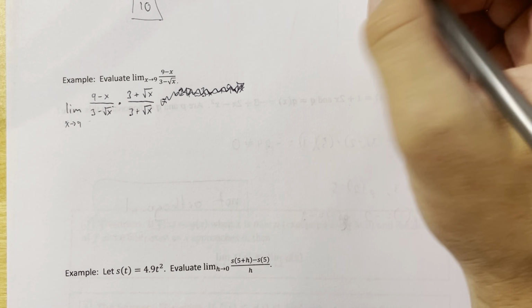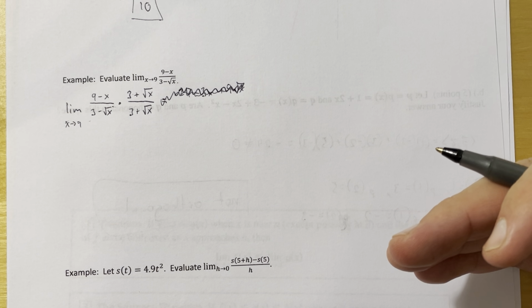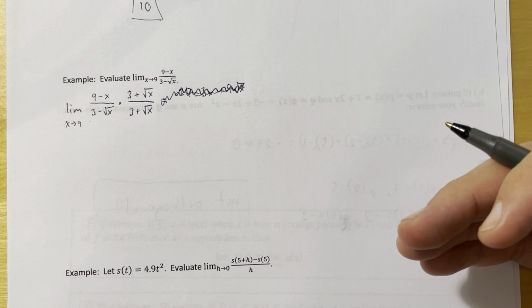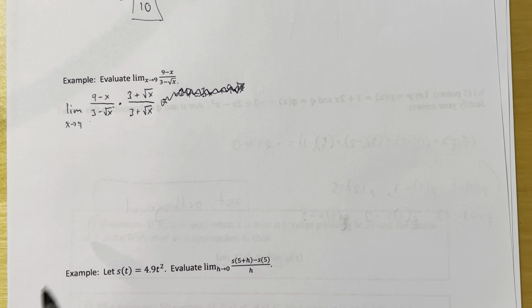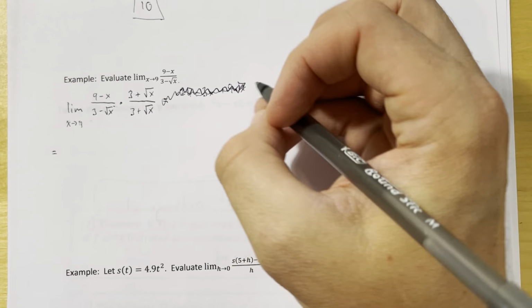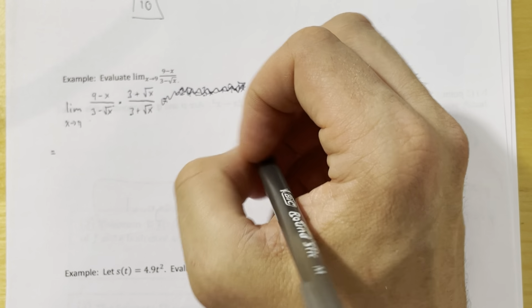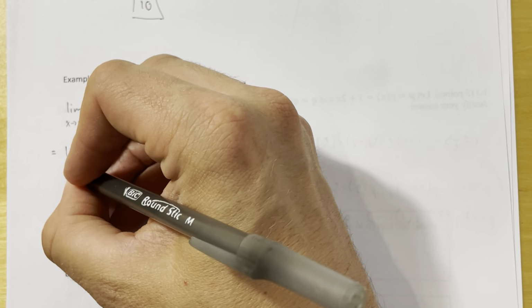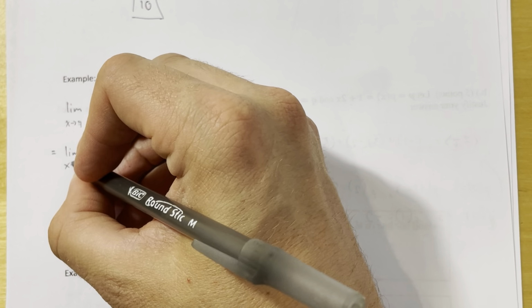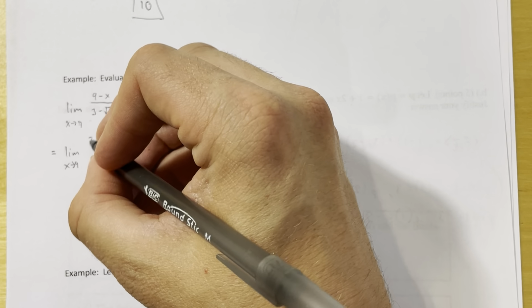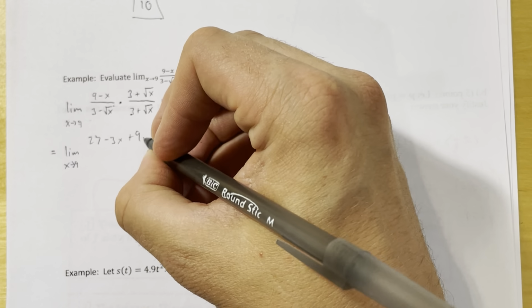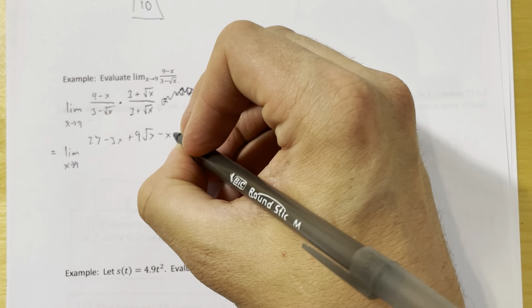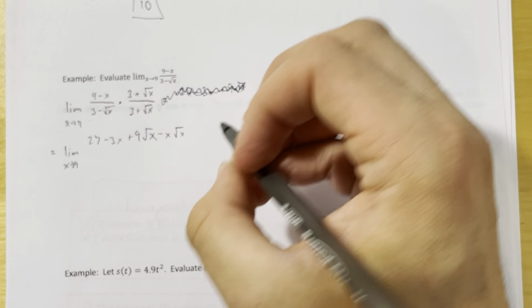When you're doing these long limit problems, it's very easy to forget to write that limit every step of the way. So I'm going to redo that step because I had already forgotten that. Limit as x approaches 9 of 27 minus 3x plus 9 root x minus x root x. That's what my numerator would multiply out to.